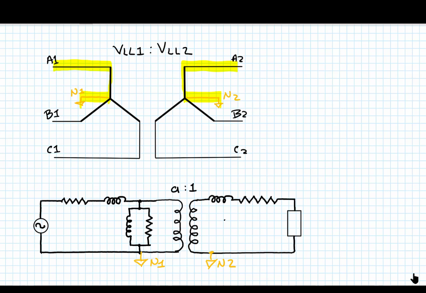That turns ratio is definitely there, and it's associated with the single-phase winding right here, that part of the circuit.